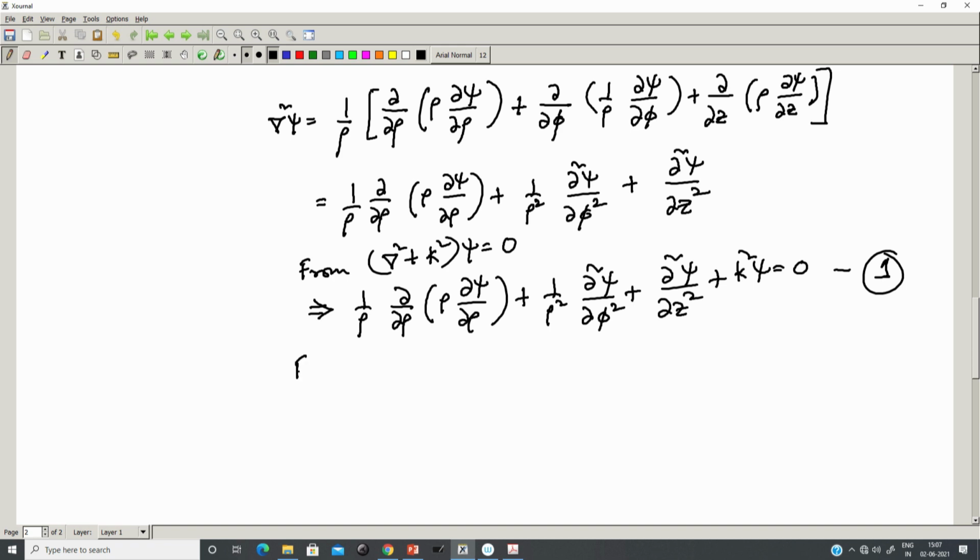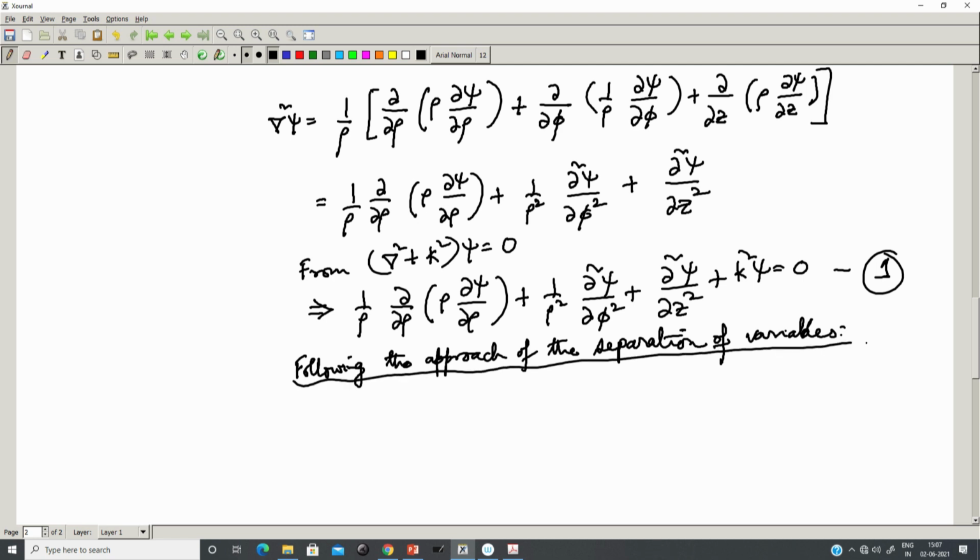So, following the approach of the separation of variables, we let psi is equal to R of rho, big phi of phi, and capital Z of small z.